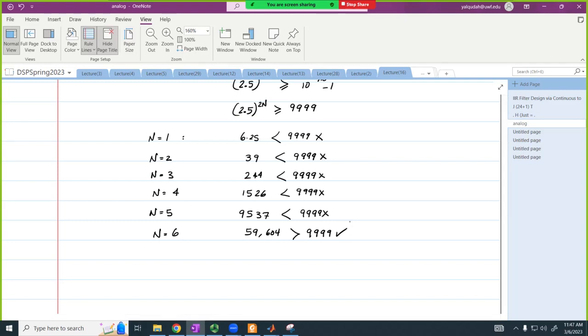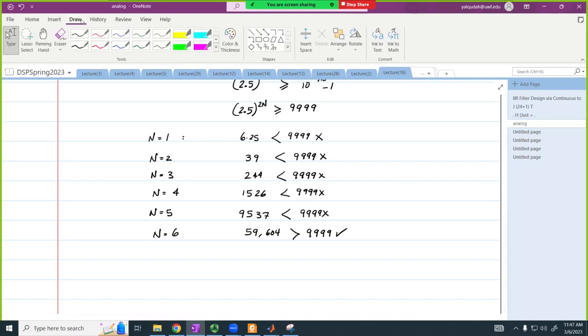Together? Now we could have done this differently. We could have taken 2n greater than log 10 of 9999 divided by log 10 of 2.5. So I could have taken log of both sides.